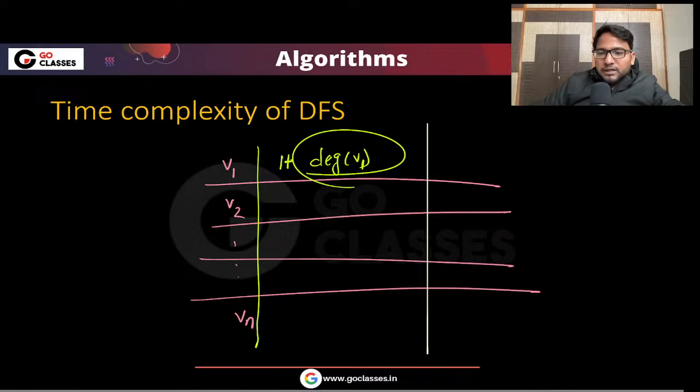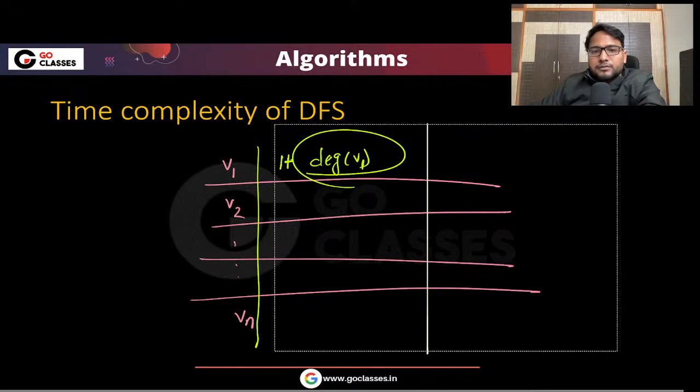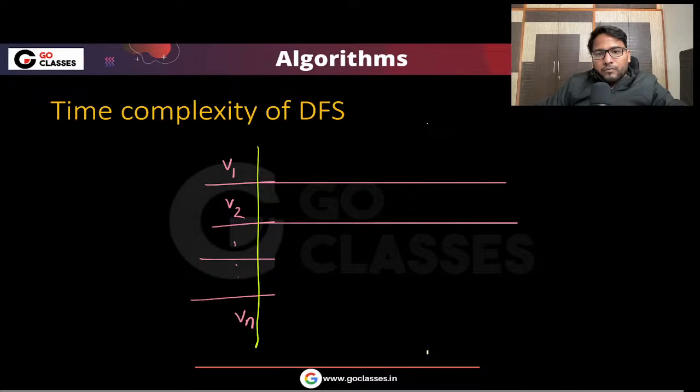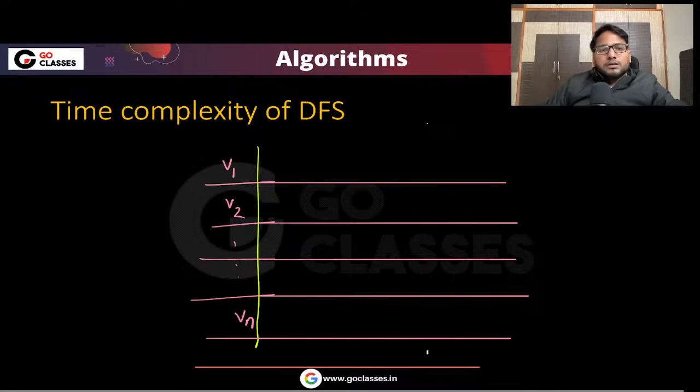So what is the time complexity here? Let me write it a little more clearly. See, you are just going to the neighbors. If you are using an adjacency list, then 1 plus degree of V1, 1 plus degree of V2, like this.